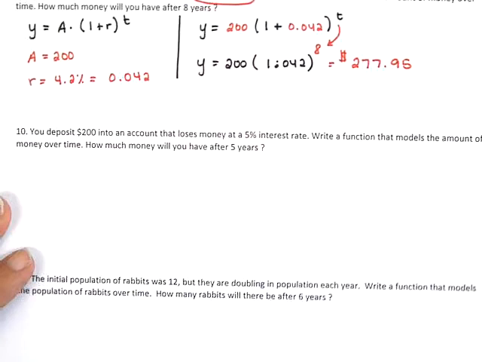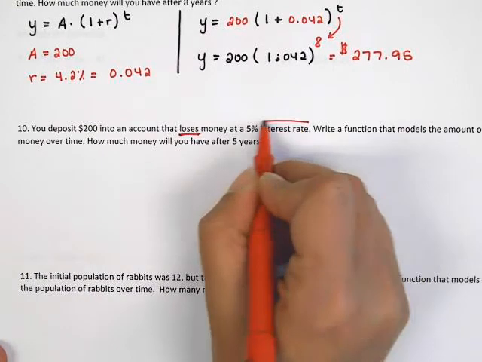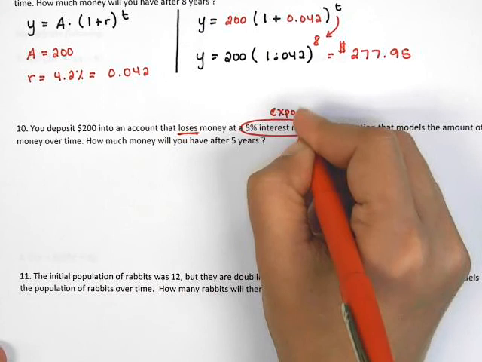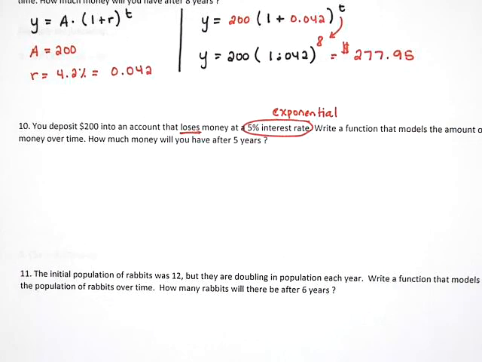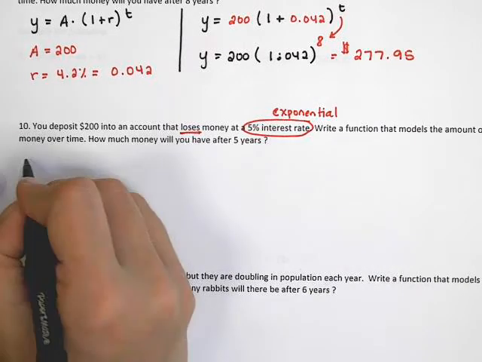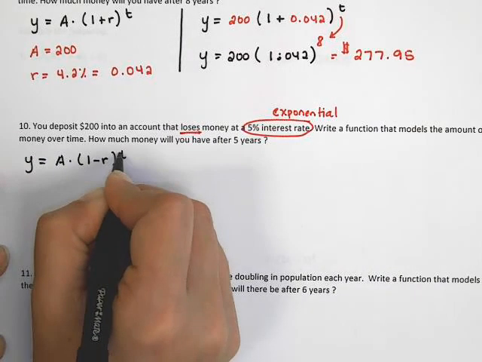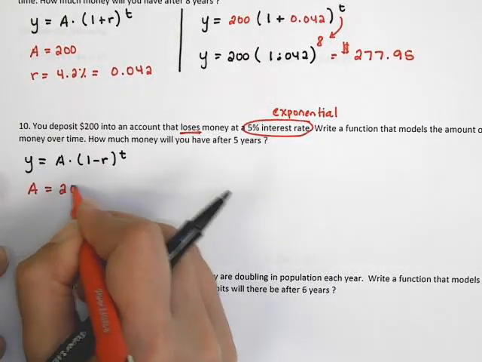All right, now let's say you have a problem where it says that you deposit $200 into an account that loses money at a 5% interest rate. You still know that this is exponential because there's a percent, but we're going to need to use the decay formula. So the exponential decay formula would be a times (1 minus r) to the t power. A in this problem would be 200.